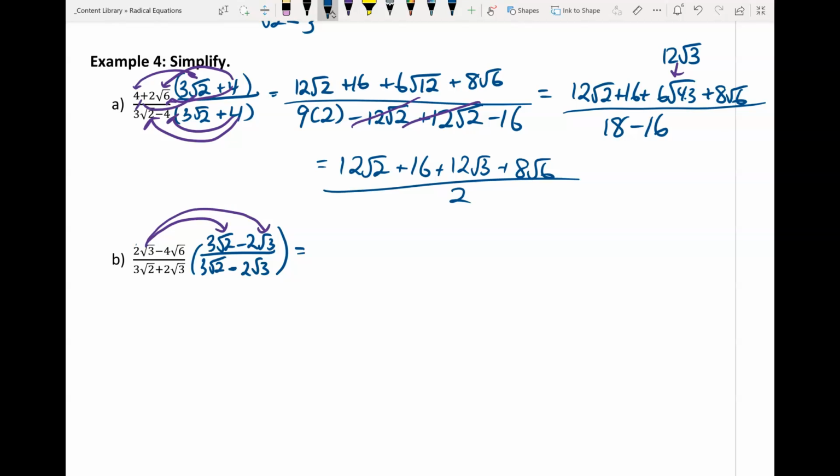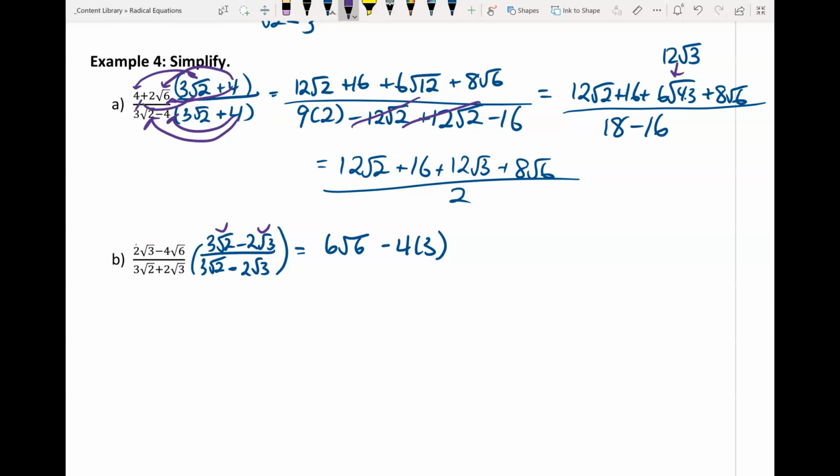So 2 root 3 times 3 root 2 is 6 root 6, because our coefficient is 2 times 3, and then our radicand is 3 times 2. For our next term, we have 2 root 3 times negative 2 root 3, which is negative 4 times 3. We have the 2 times 2 as our coefficient, and root 3 times root 3 is 3.